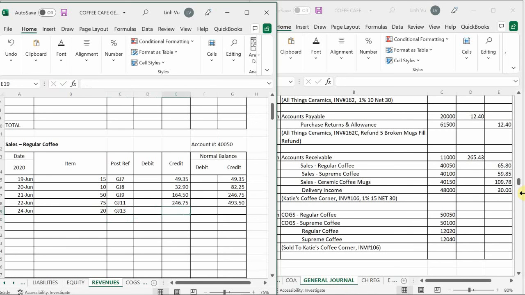You sold 20 pounds for $65.80. Okay. Your ending balance should be $559.30. Okay.